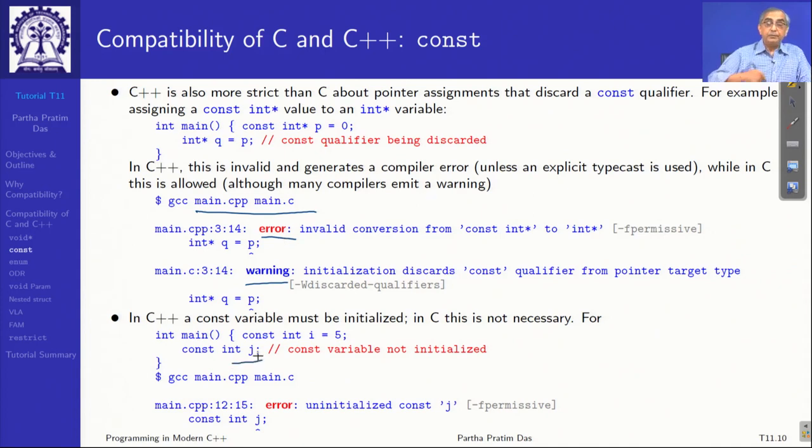Another thing in terms of const: we learned that a const variable will always have to be initialized. That was rule number 1 from the very beginning, but not in C. In C, you can write a const like this, without an initialization. Obviously, if you compile it in C++, it is an error, because uninitialized constants are not allowed.